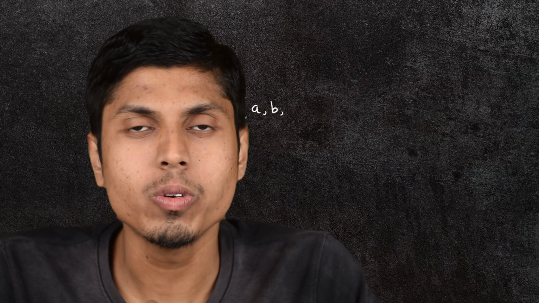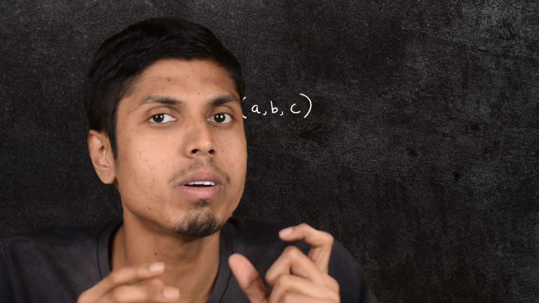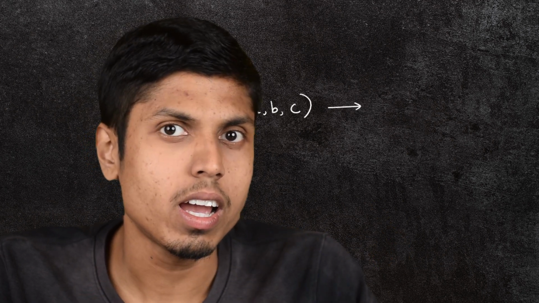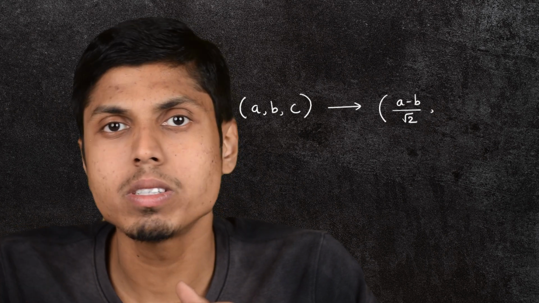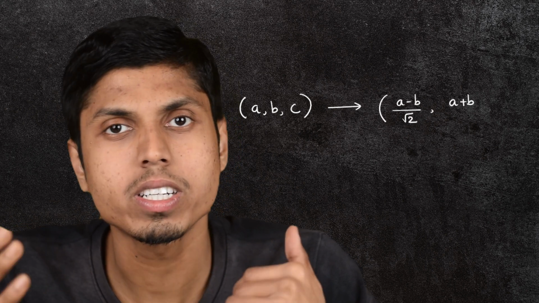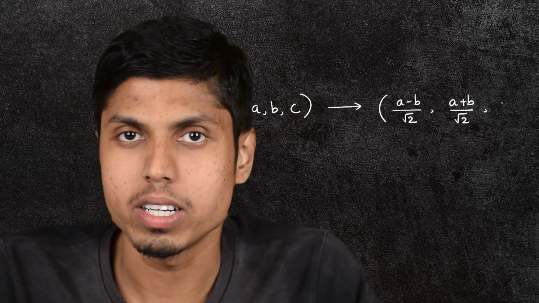You are given a triplet, and you can consider any two numbers a, b of the triplet and replace them with (a minus b) upon root 2 and (a plus b) upon root 2 for constructing the subsequent triplet.